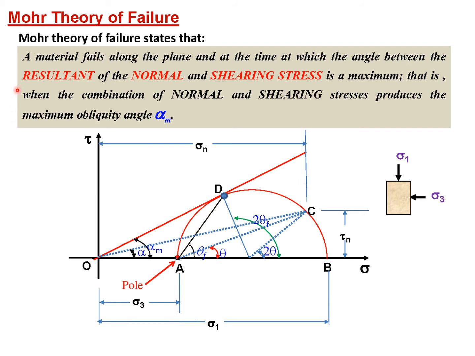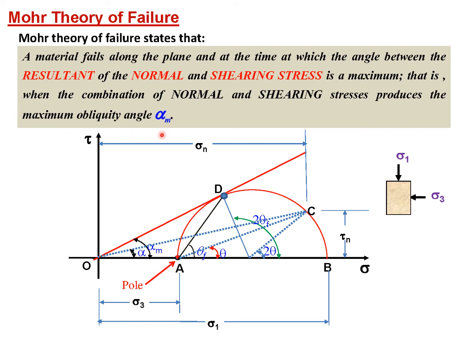So this is the key sentence. The answer to the question asked on the previous slide you are getting from here: when the combination of normal and shearing stresses produces maximum obliquity angle alpha m.